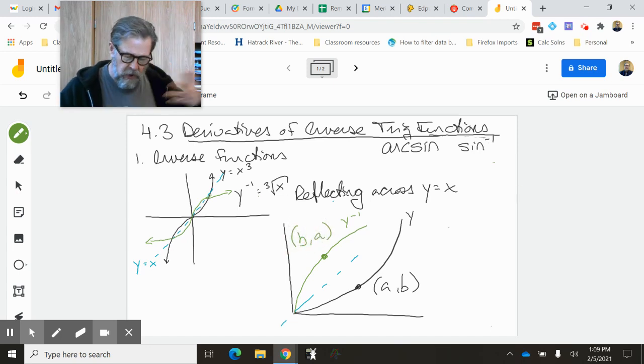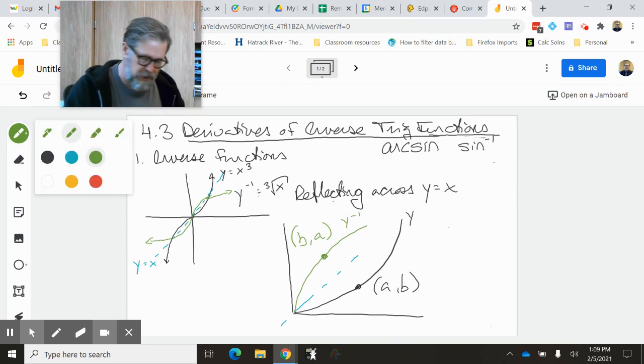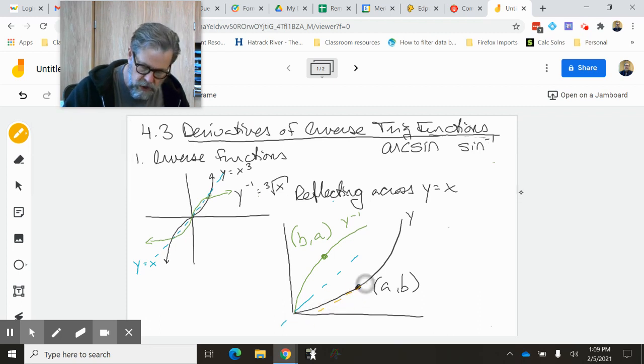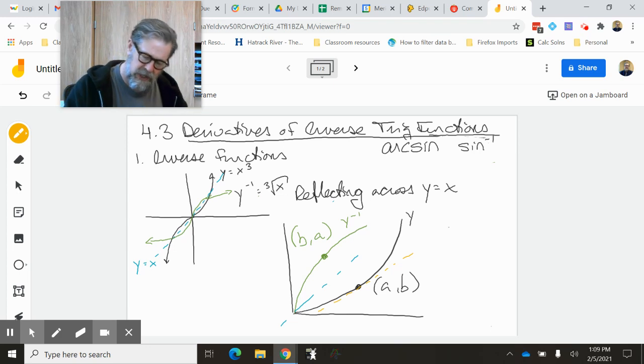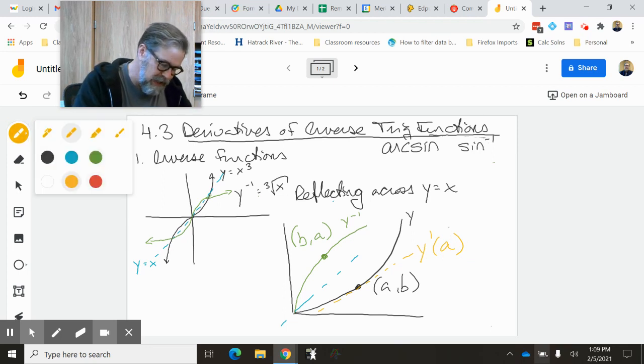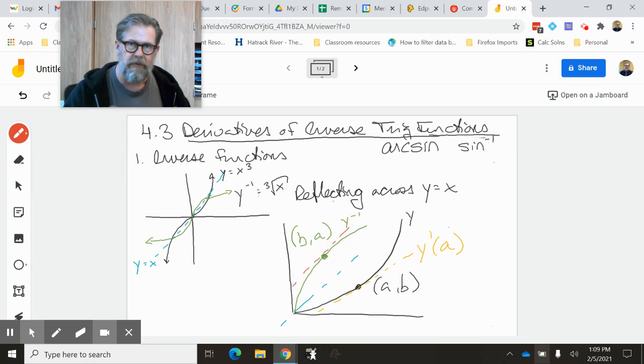Okay, so hopefully, so far so good. Let's draw some tangent lines. The tangent line to the graph of y at x equals a, this is y prime of a. And let's look at the tangent line to the graph of the inverse function.